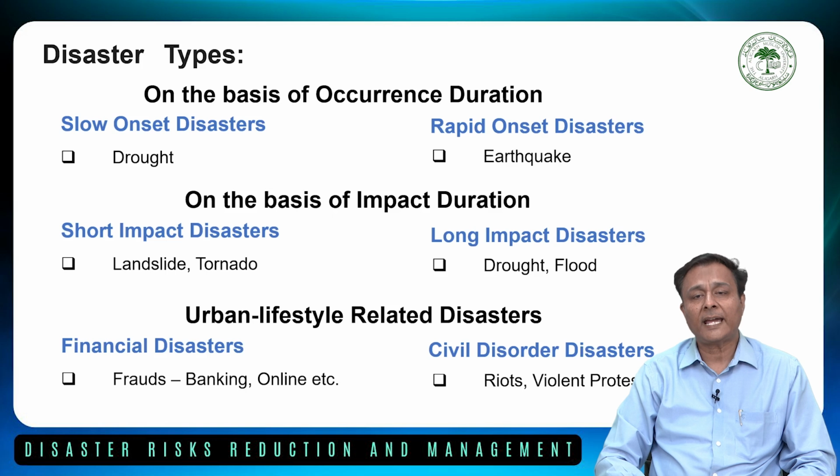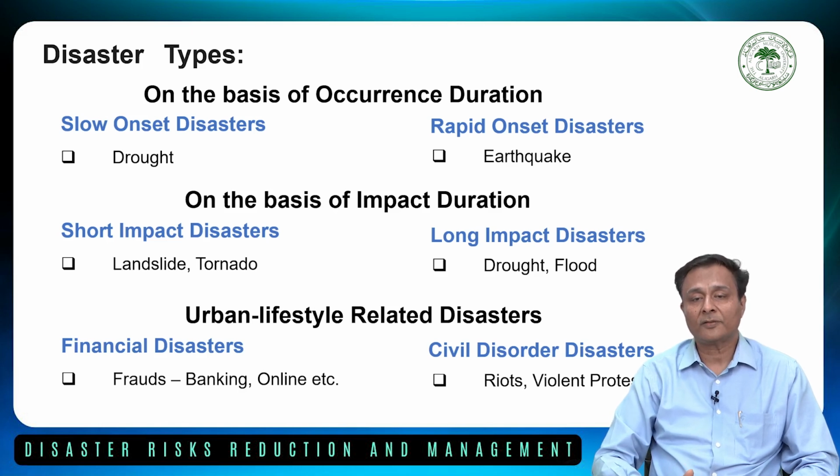Another classification can be of modern urban lifestyle related disasters. For example, the financial disasters, where all kinds of frauds, banking frauds, online frauds, which each one of us is now familiar with. They are good examples of these modern day urban lifestyle related disasters. A more common modern day disaster can be civil or public disorder also.